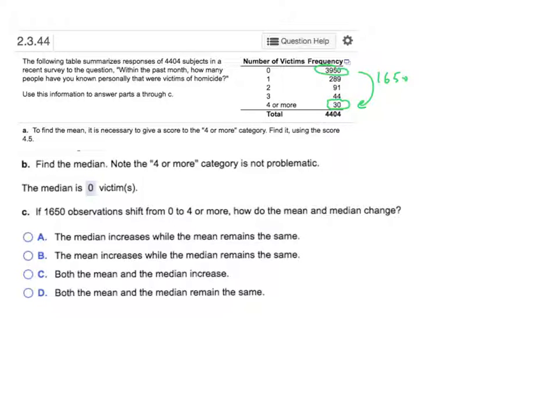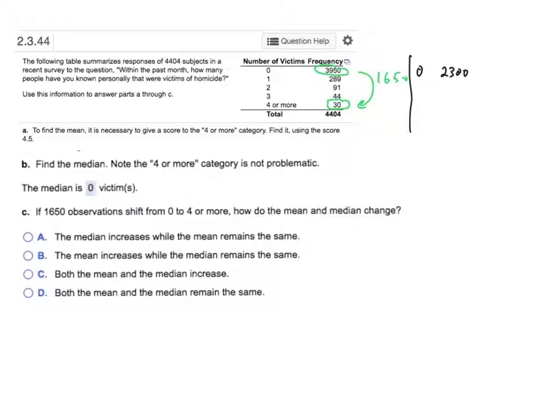Right, did that. So all that's going to do is give us a slightly different table. So our table now, in the first row, instead of 3,950, it's going to say 2,300.